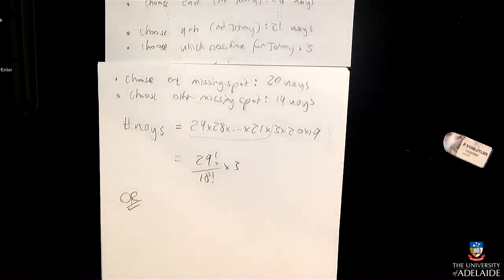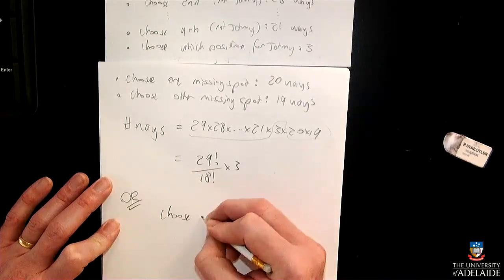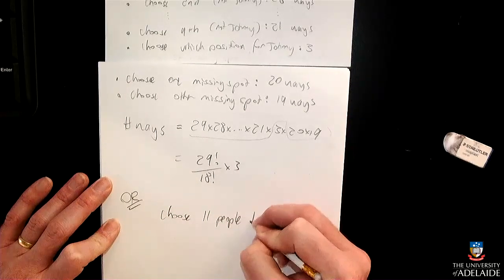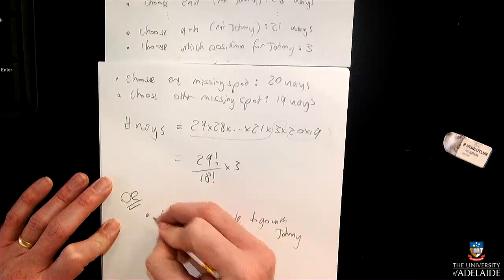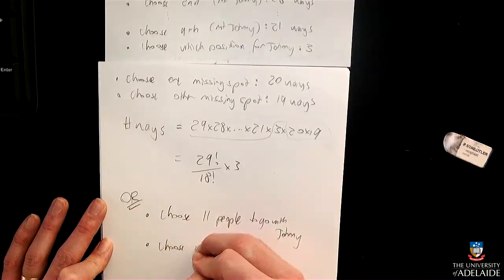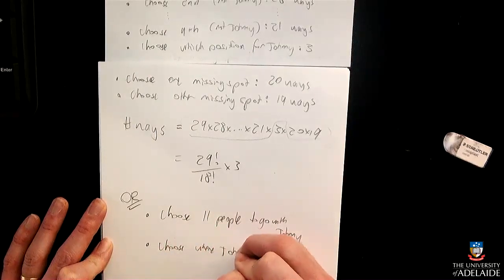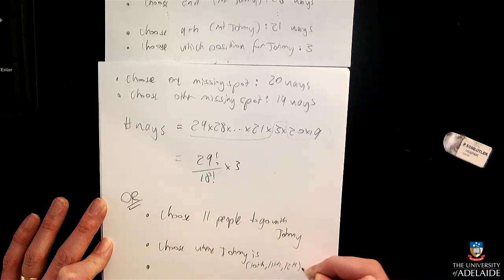the other way of doing it is I could choose which 11 people are going to go with Johnny. So this is a different way of doing it. I could say, well, choose, and I could choose where Johnny is in those last 3 positions. You know, 10th, 11th or 12th.